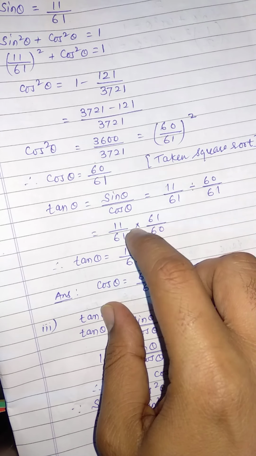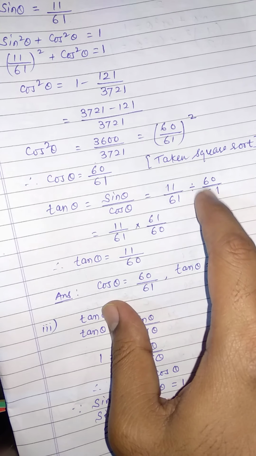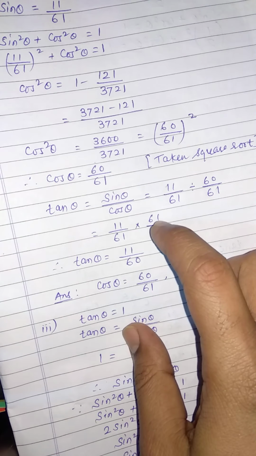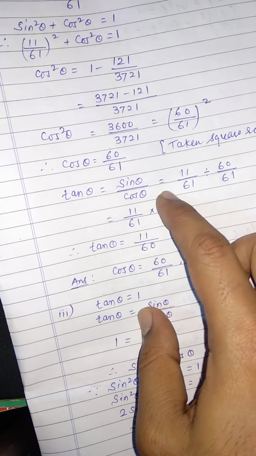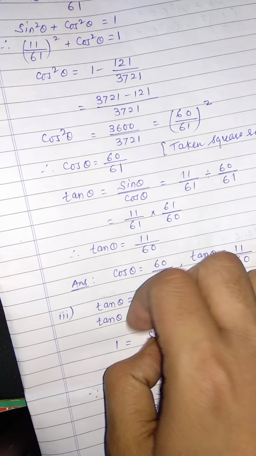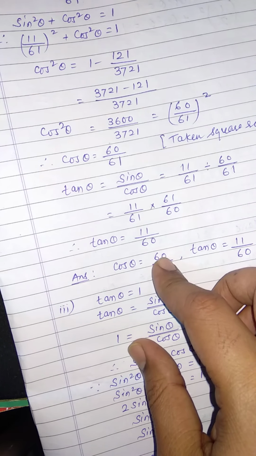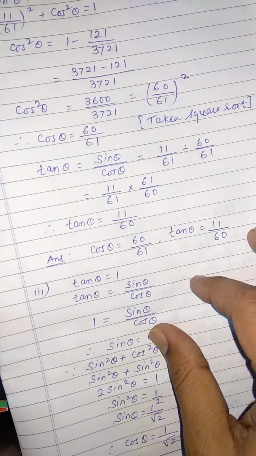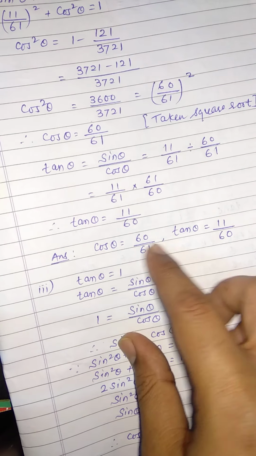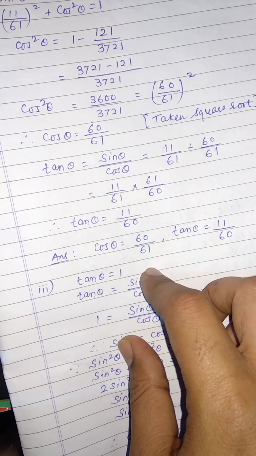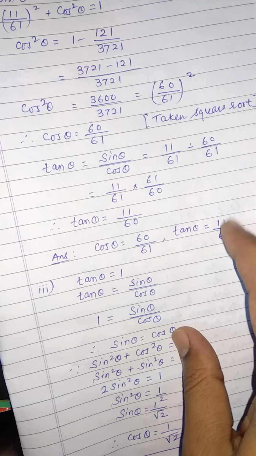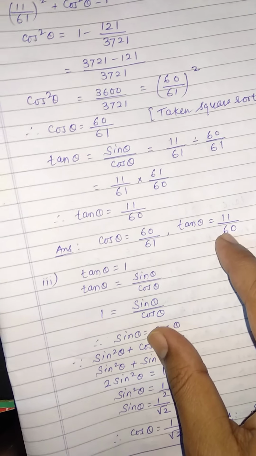If I change the sign to multiplication, I have to write the reciprocal, 61 upon 60. So 61 gets cancelled. So again I am left with tan theta is 11 upon 60. So I got the answer: cos theta is 60 upon 61, tan theta is 11 upon 60.